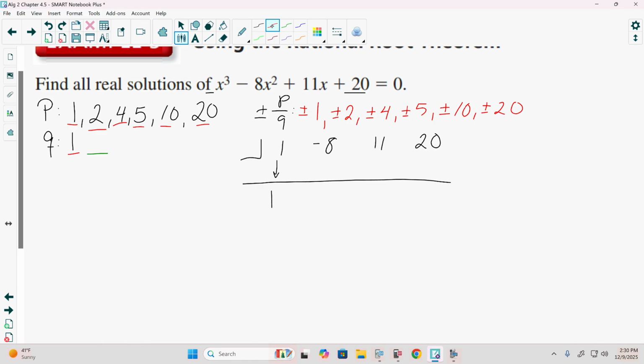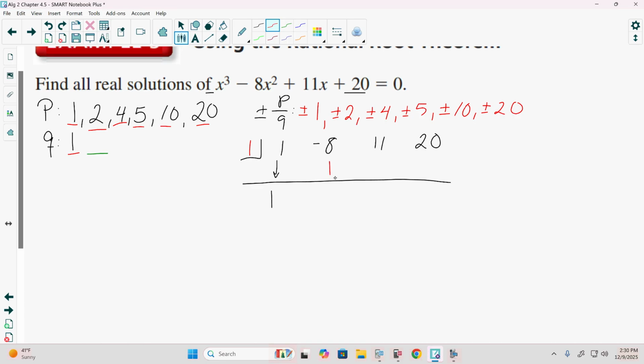Well, the number that goes in the cubby, we have several options, but if I were y'all, I would start with 1. Don't write this out because this is probably going to get a little tedious, because is there any guarantee that 1's going to give us a remainder of 0? No, because if it does give us a remainder of 0, it means it is a solution. If it gives us something other than 0, it's not a solution.